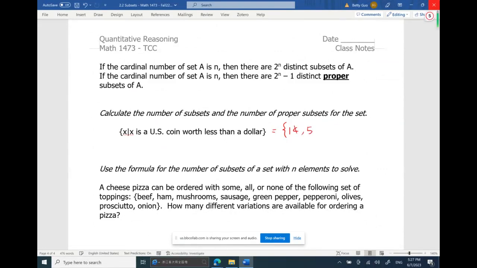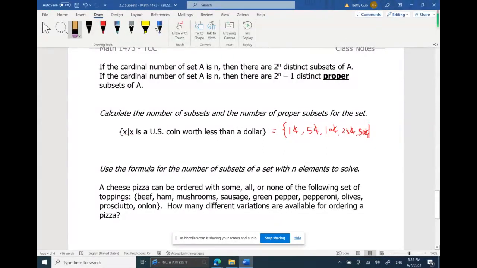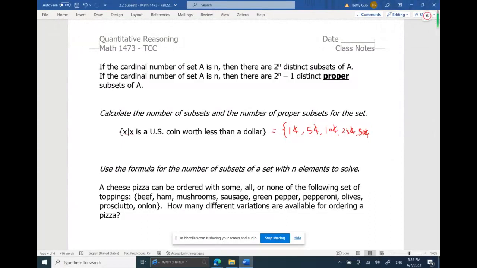Could be a nickel, could be a dime, could be a quarter, could be a $50. Even though I never saw one, I never have seen what a $50 coin would look like, but there is a $50 coin. You can Wikipedia or Google. So how many elements are in this set?